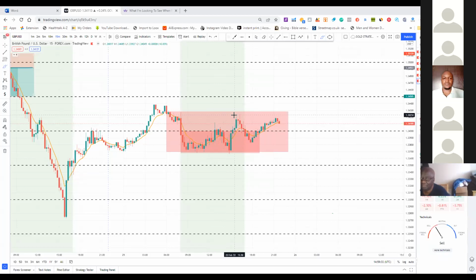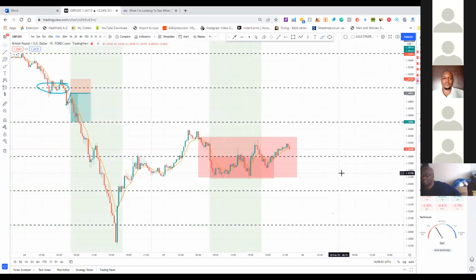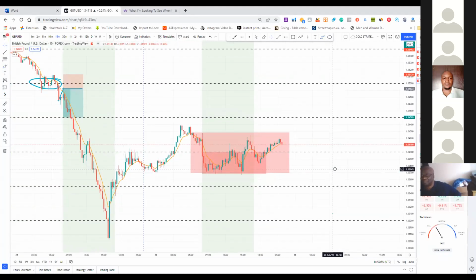It's 1.3400. 1.3400 is the last higher high. So when price breaks it, that's when you know that structure has changed. But for this 15 minutes, you cannot really see a clear structure. That's why I was asking, what time frame is the best time frame for checking market structure?